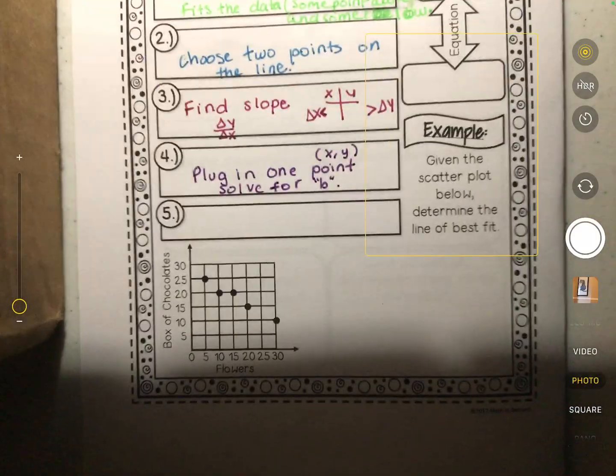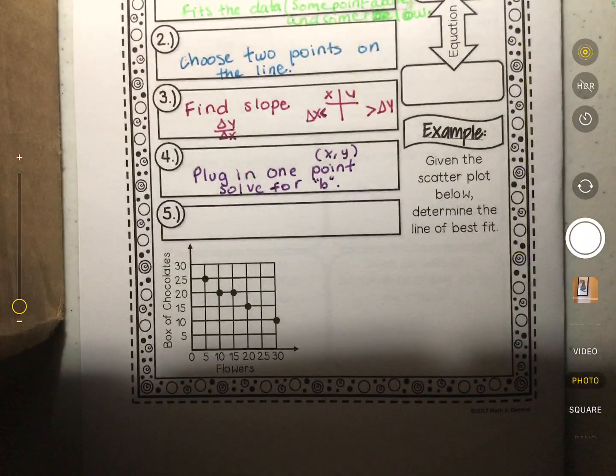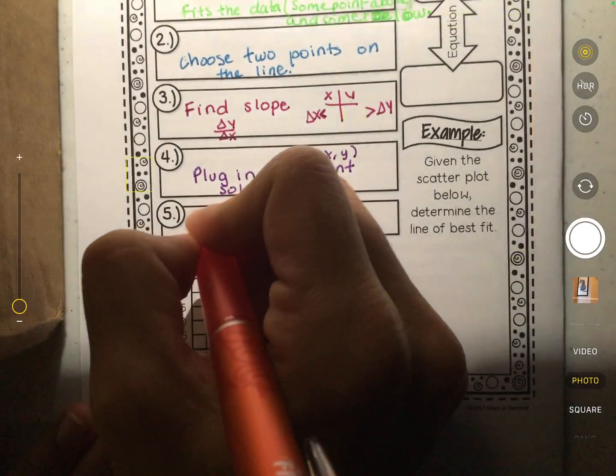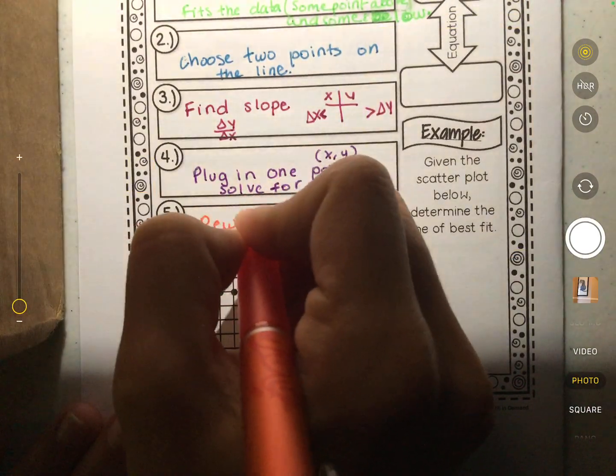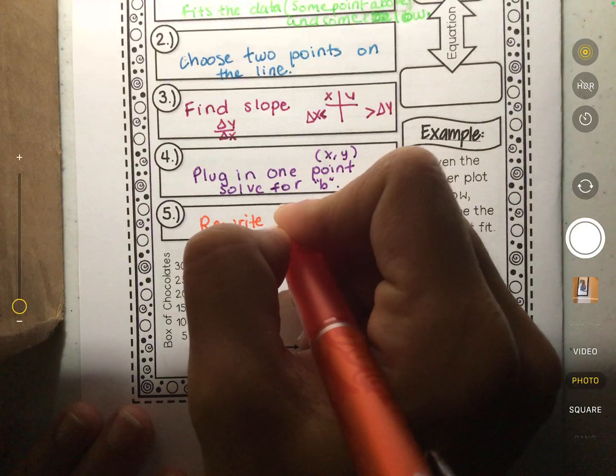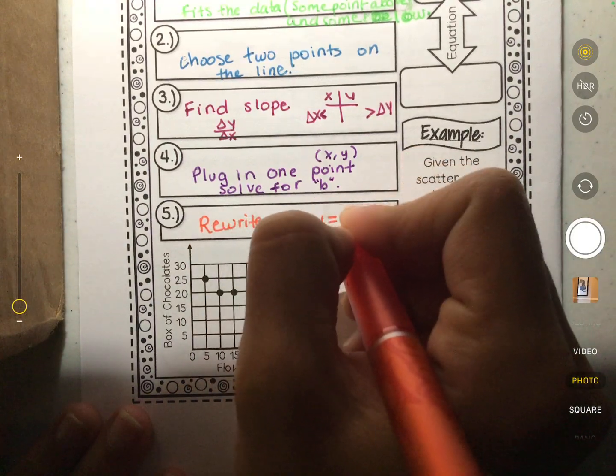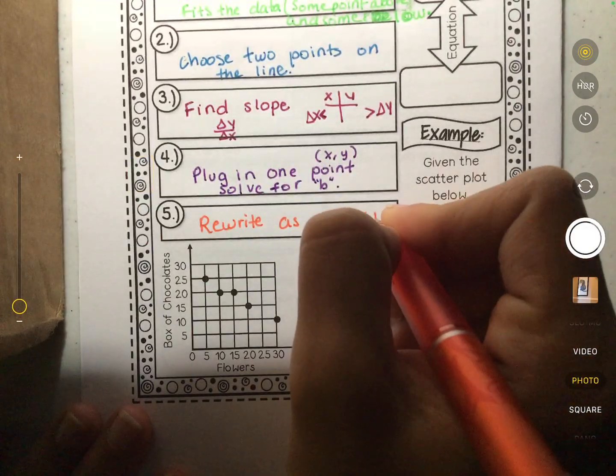Now the last thing we're going to do is rewrite it. And how would we rewrite it? I'll show you. Rewrite as... I just spelled it wrong. Okay.